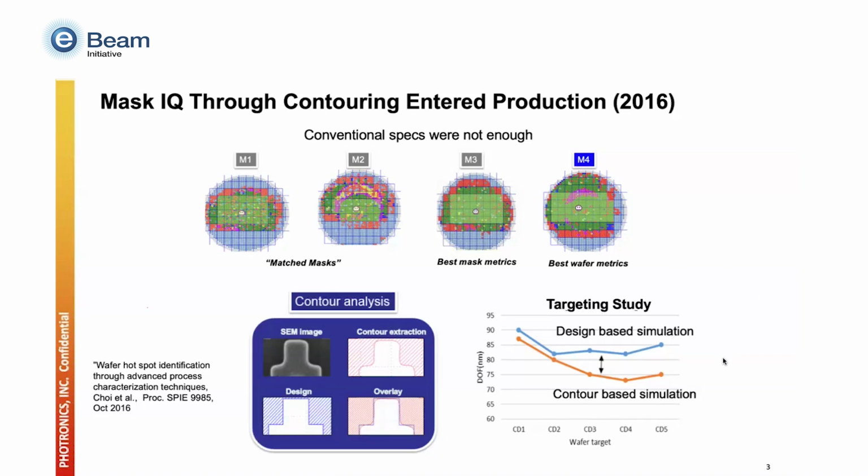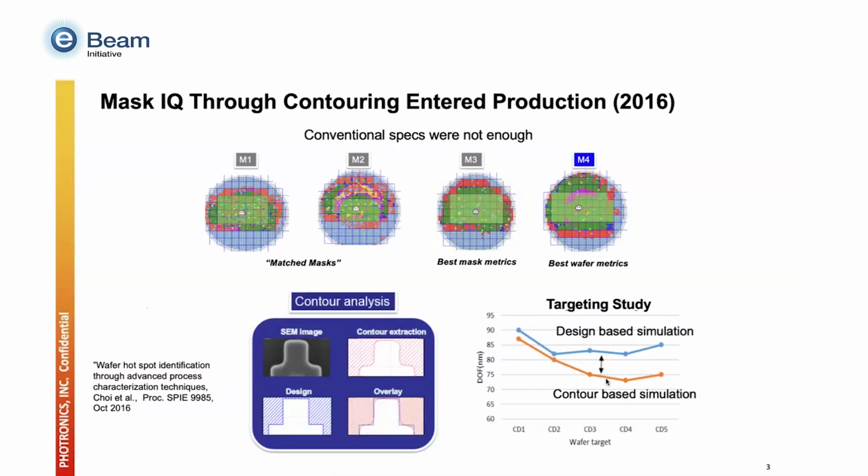And you see here the difference. When they were using just design-based simulation, that is, they were assuming the mask was perfect, they saw a depth of focus that looked similar to this blue line. When they started to look at their depth of focus with a true contour-based simulation, that is, they started to capture mask image quality in the analysis, they saw a very different result.